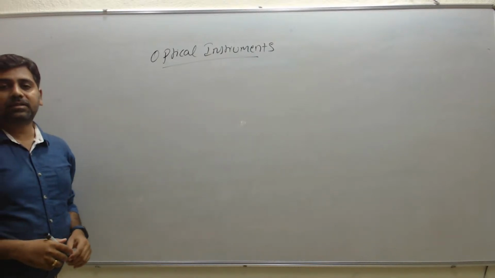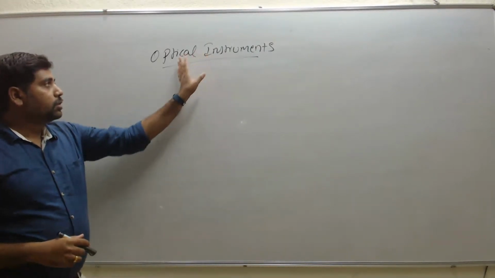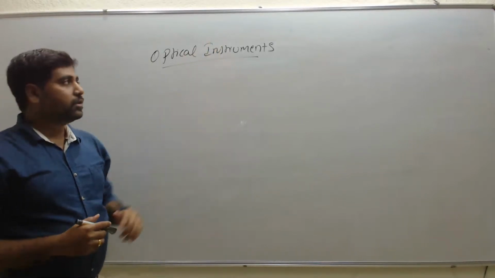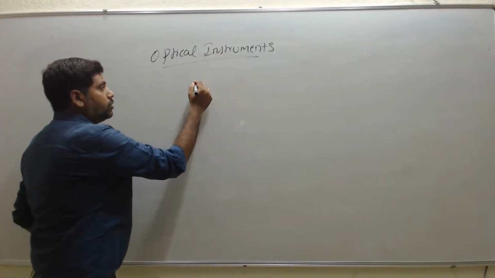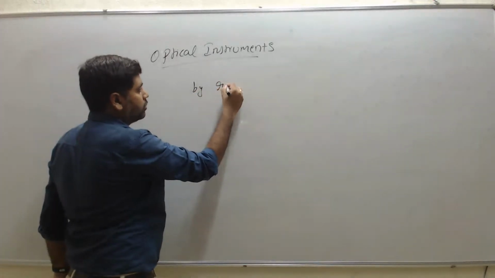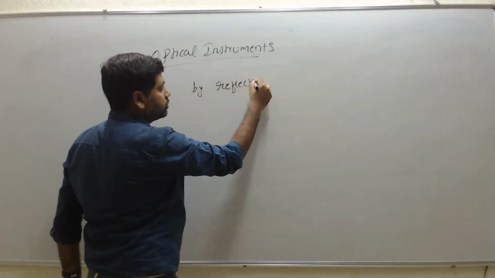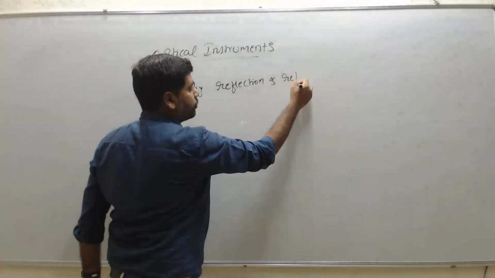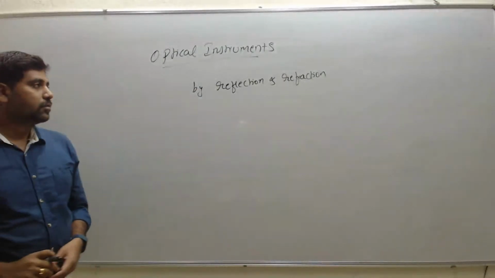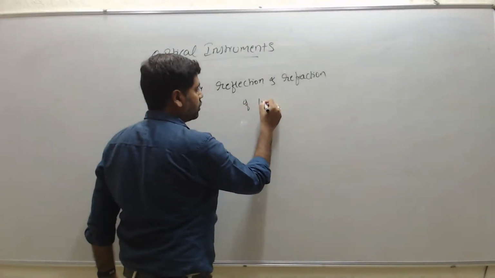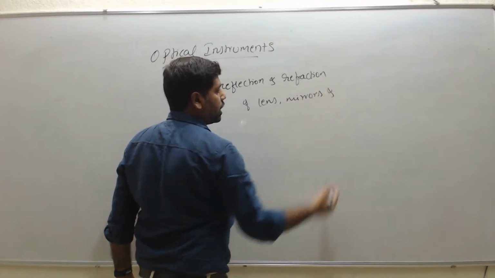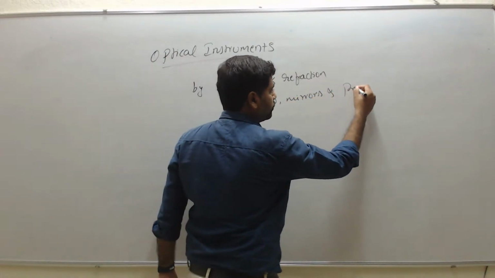Optical instruments are the instruments or devices which are constructed by using the reflection and refraction properties of mirrors, lenses, and prisms.